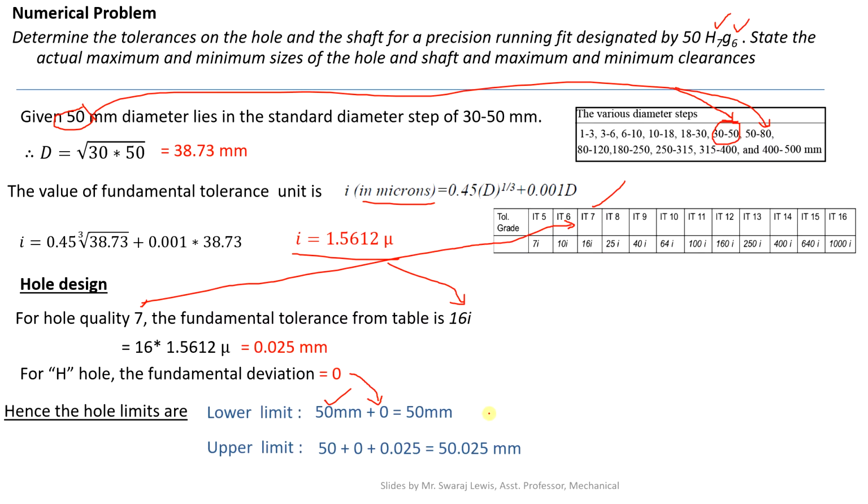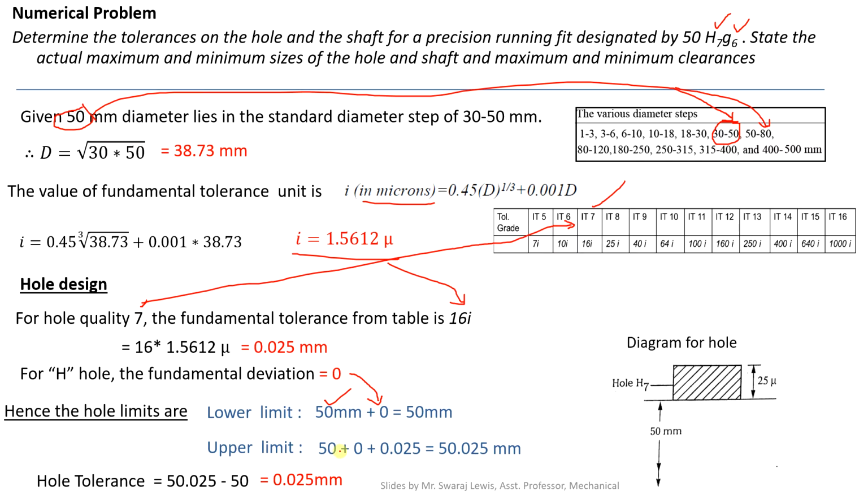And once you have done this calculation, we will draw a diagram. They have asked to calculate the maximum and minimum clearance, plus optionally we can calculate the hole tolerance. Hole tolerance is nothing but the difference between upper and lower limit, which gives 0.025 mm. And finally the diagram for the hole.